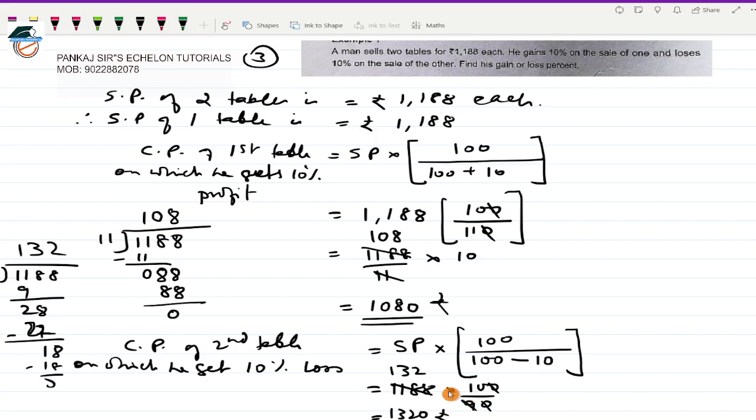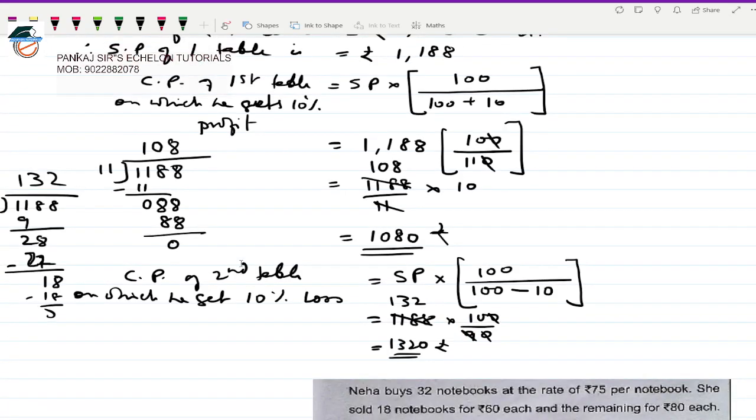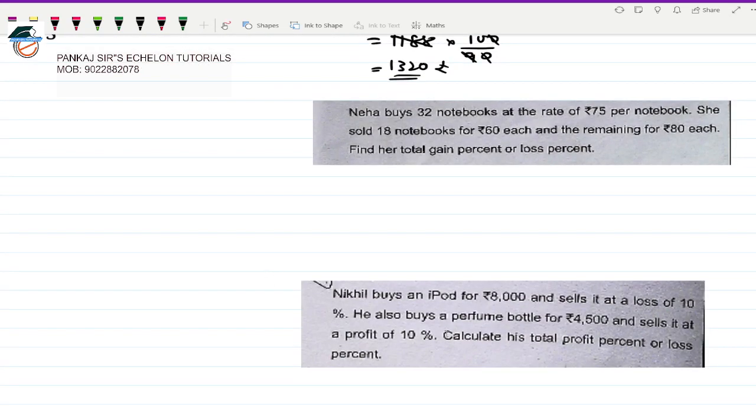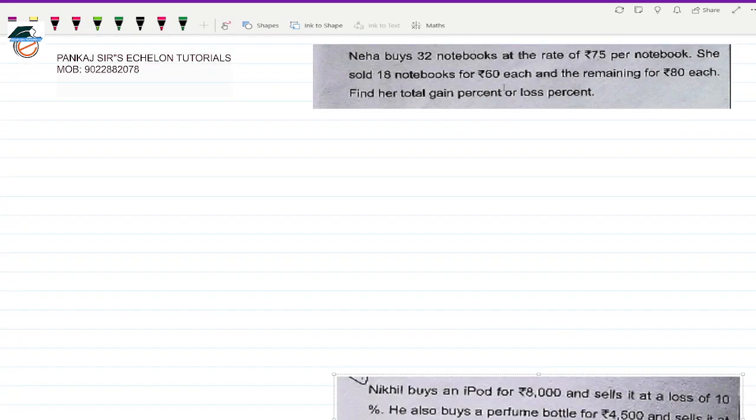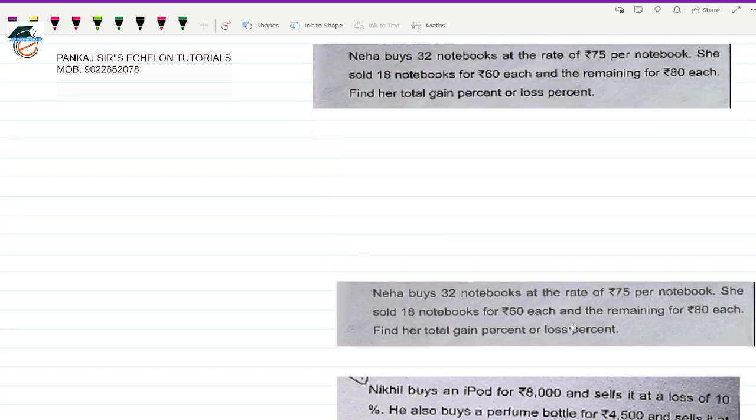Now what has happened, I have got the cost price of both the tables and you can see the cost price is different for both the tables. Now if I want to work out the percentage profit or loss, how we can work out, let us see that. I'll have to make some space for that.